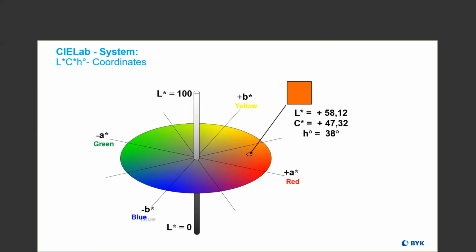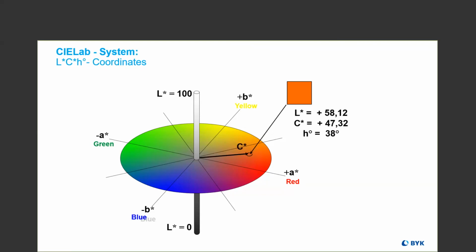So L is the same, it's still the vertical axis, but now instead of having A and B values, you have a C value, which stands for chroma. And chroma is simply a measure of, you could say, how much color or how deep the color is or how saturated the color. The higher the C value, the more chromatic the color is.